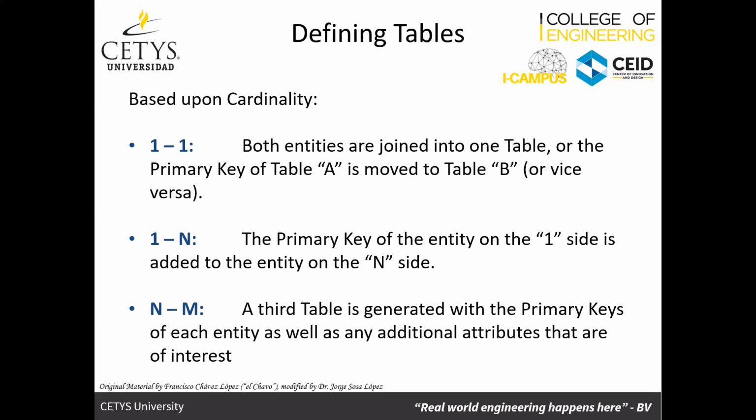So there's a passport number associated to your name. That's over here. So the only thing we're going to do is that in your person table, I'm just going to add the passport number as another one of your attributes. That makes sense, right? Because Alejandro is only going to have one passport number.